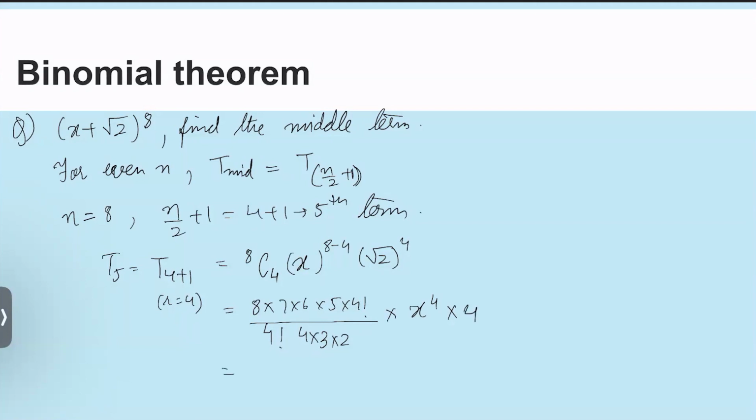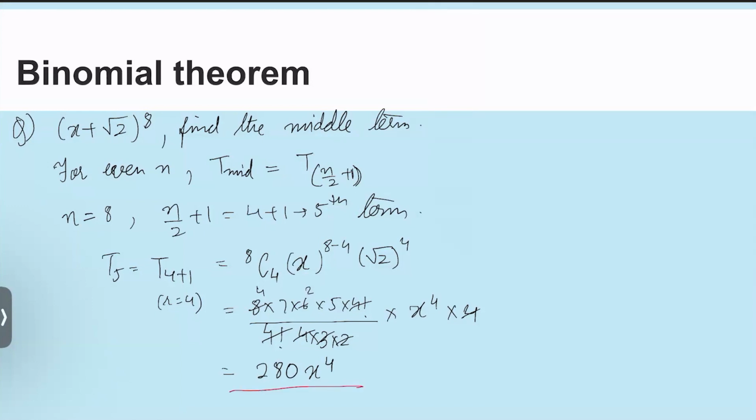Then 4 factorial gets cancelled, 4 and 4 can get cancelled, 3, 2, 4. So now what we have is 4 into 7. 4 into 2 is 8, 8 into 7, 56, 56 into 5 is going to be 280 x raised to 4. Okay, so this is your answer.